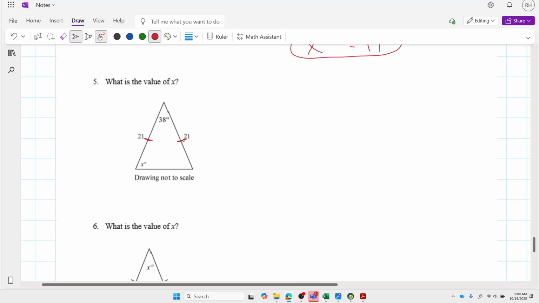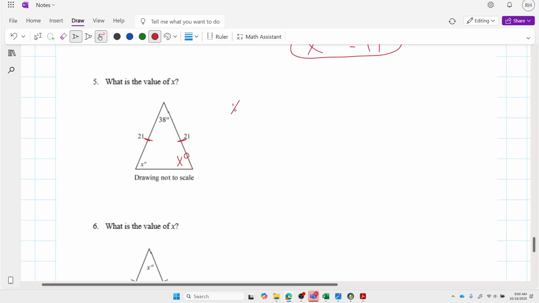Now, in an isosceles triangle, if two sides are the same length, then the angles opposite those sides are the same. So if this angle right here is x, so is this angle. Everybody see that? If two sides are the same, then the angles opposite those sides are also the same.